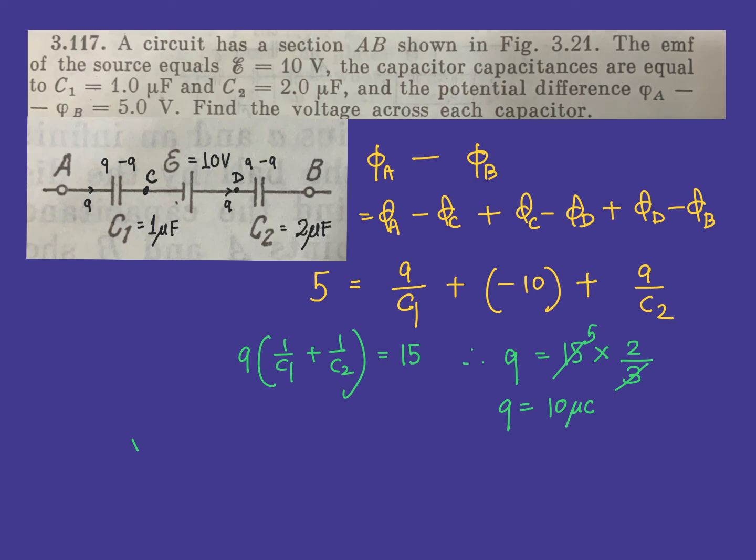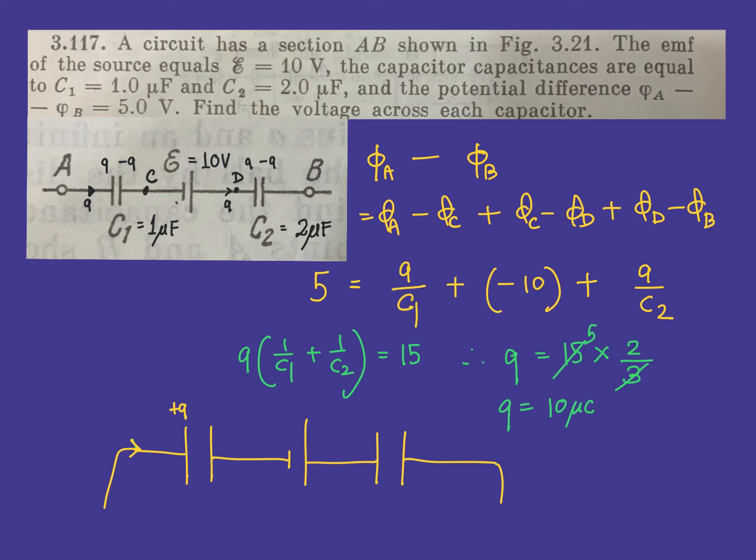Why the charges are same? They were uncharged capacitors. Now some charge has flown into the circuit. Say they were uncharged capacitors like this. They didn't have any charge before. Now there is some current flow into the circuit. That means some charge has flown into the circuit.